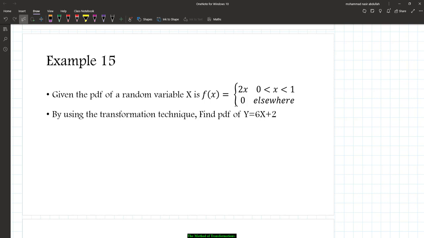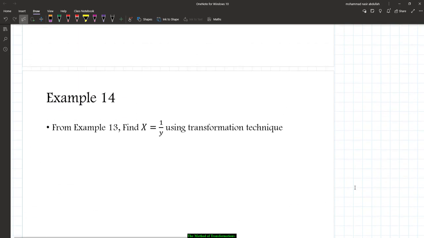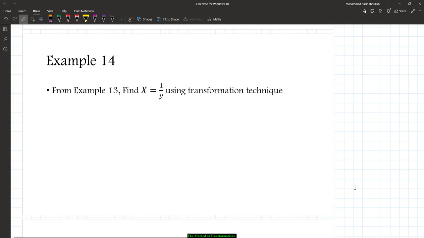Now we want to look at theorem number 3. Example number 14. 14 is based on example number 13. Find x equal to 1 over y using transformation techniques.